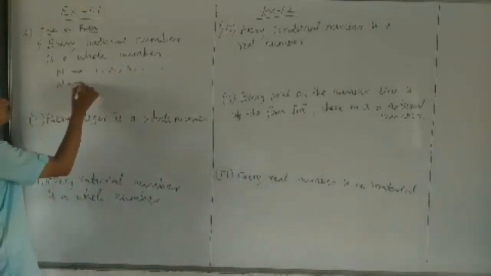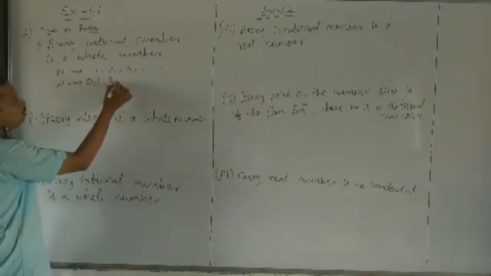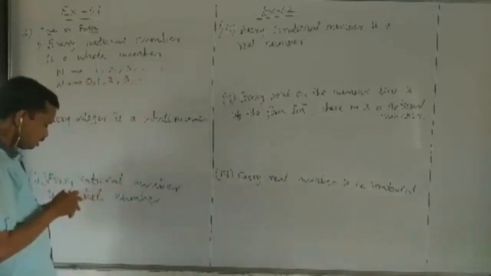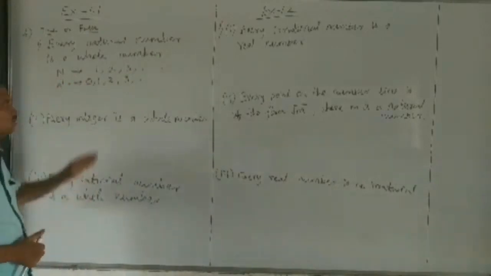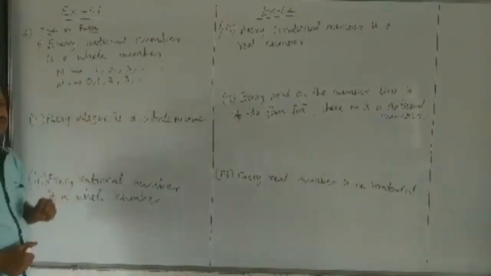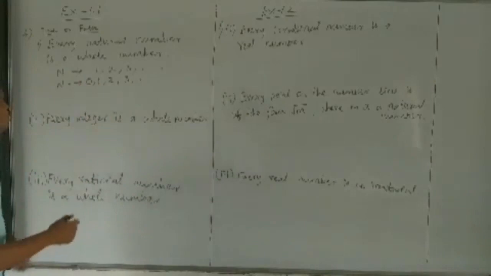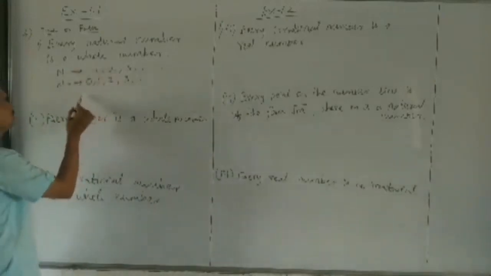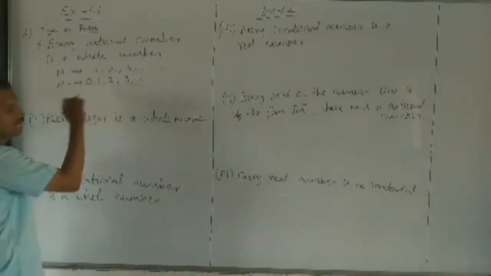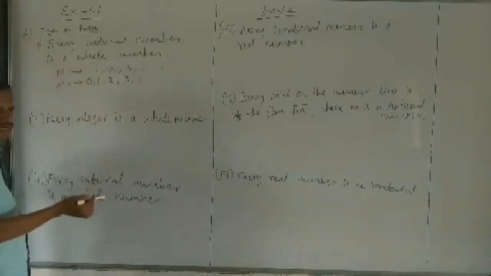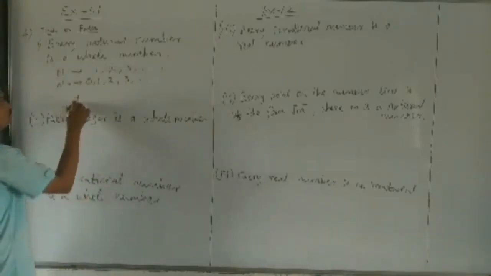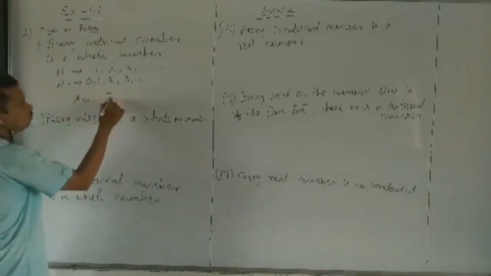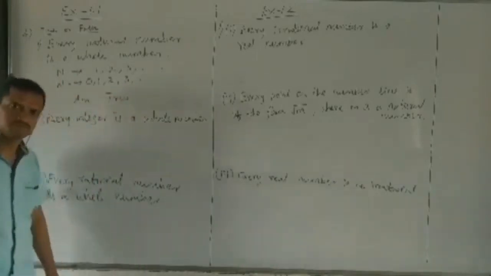Whereas whole number means 0, 1, 2, 3, etc. Therefore, by comparing this, can you say true or false? Because natural number is 1, 2, 3, so whole number also has 1, 2, 3. So every natural number will be a whole number. So the answer is true. Can you understand? Okay.